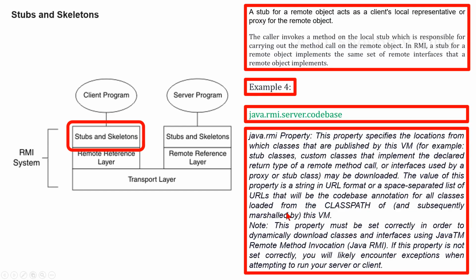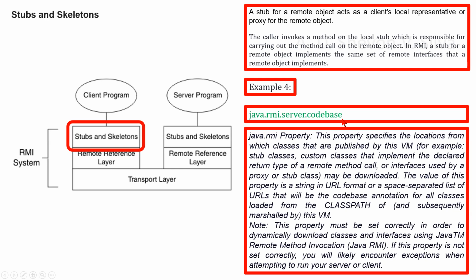As an example, we can consider this java.rmi property, java.rmi.server.codebase. This property specifies the locations from which classes that are published by this VM, for example stub classes, custom classes that implement the declared return type of a remote method call, or interfaces used by a proxy or stub class, may be downloaded.